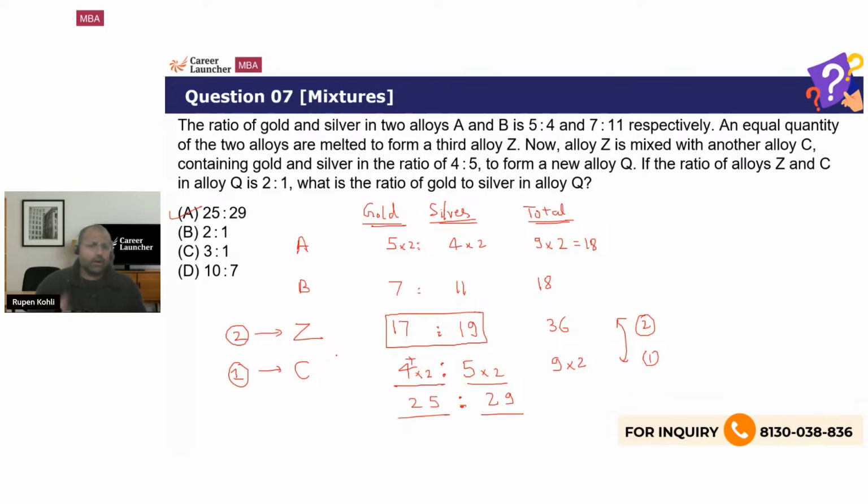So do you see how I worked with the numbers directly? I did not take any variable, I did not use any allegation, I did not form any equation, I simply worked with numbers. See, try to understand what makes the difference between a thumping score and an okay score: it is how quickly you are scrolling through the easy questions.